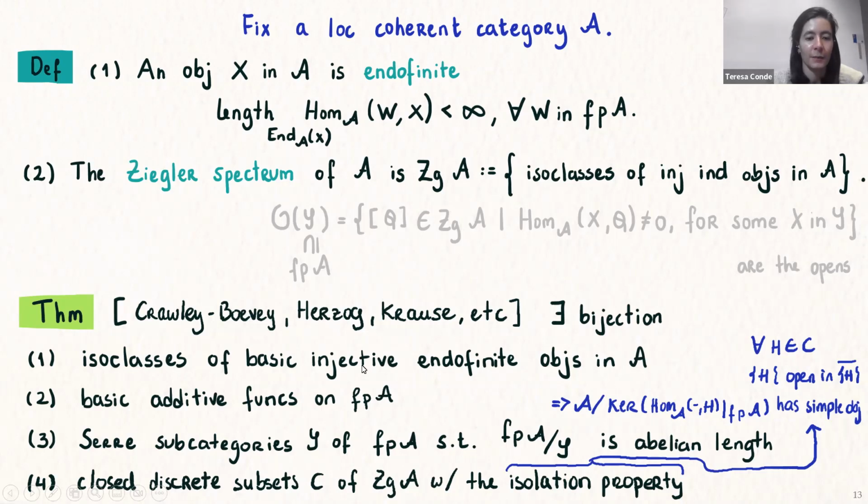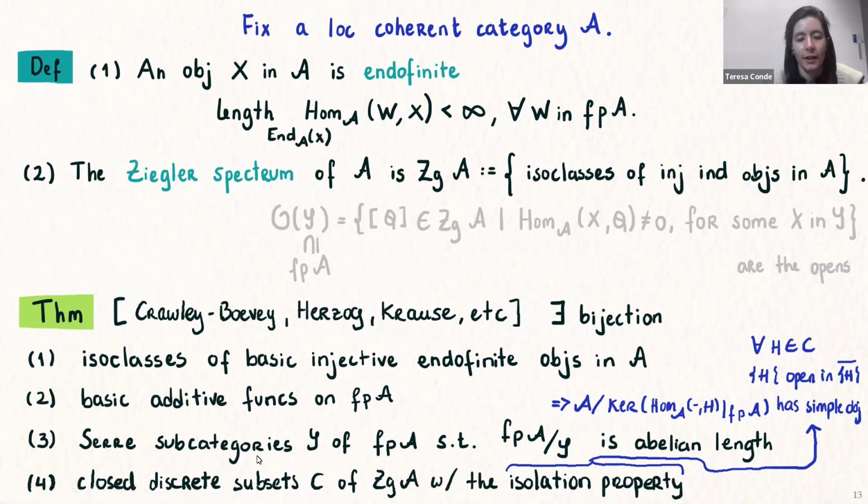So to an endofinite object in 1, we just assign the length over itself of Hom(-, itself). And how is 2 related to 3?